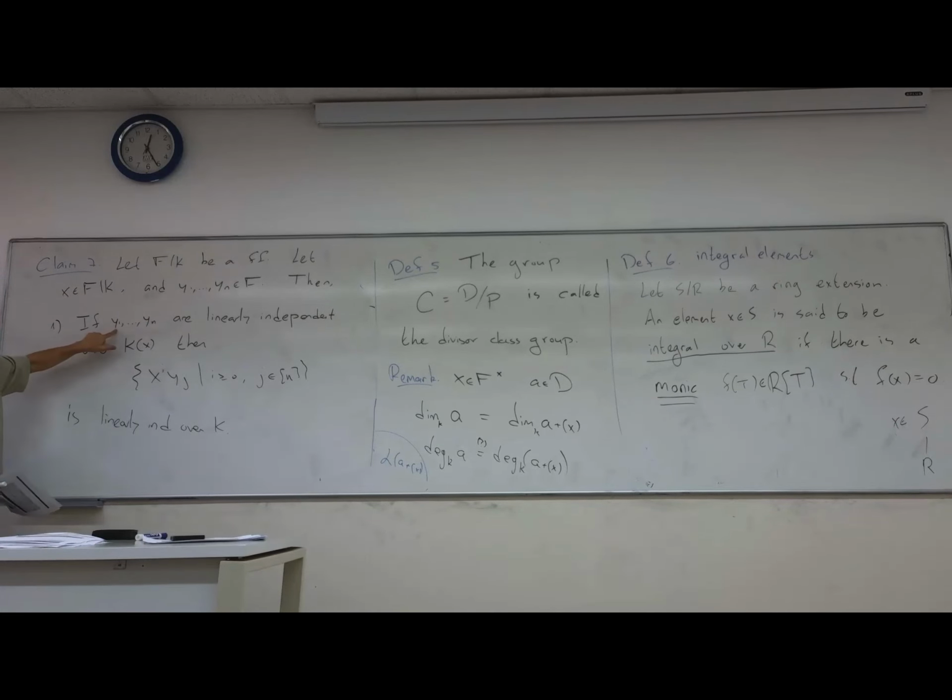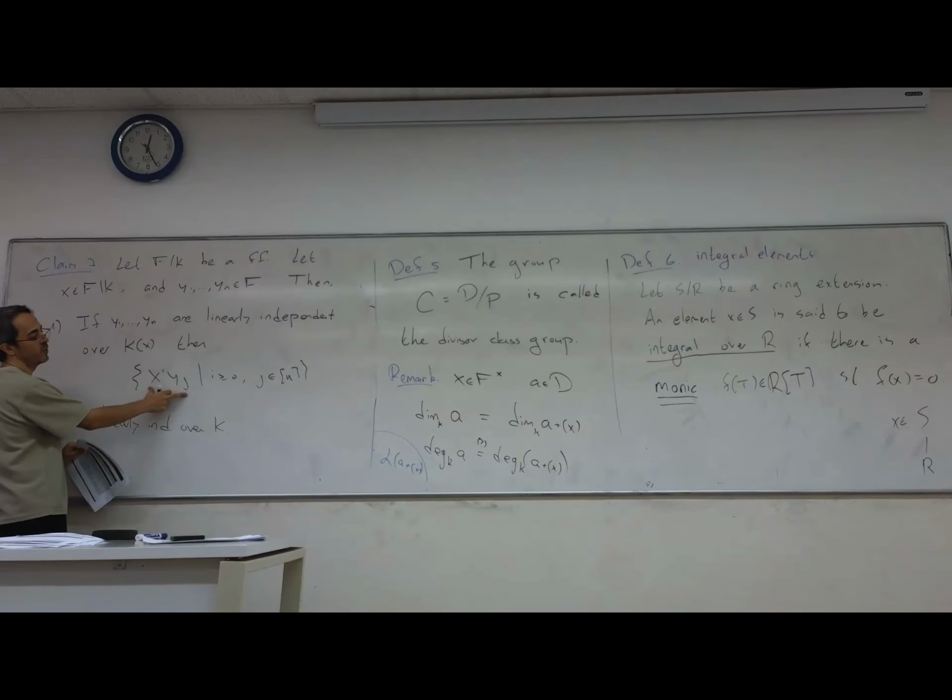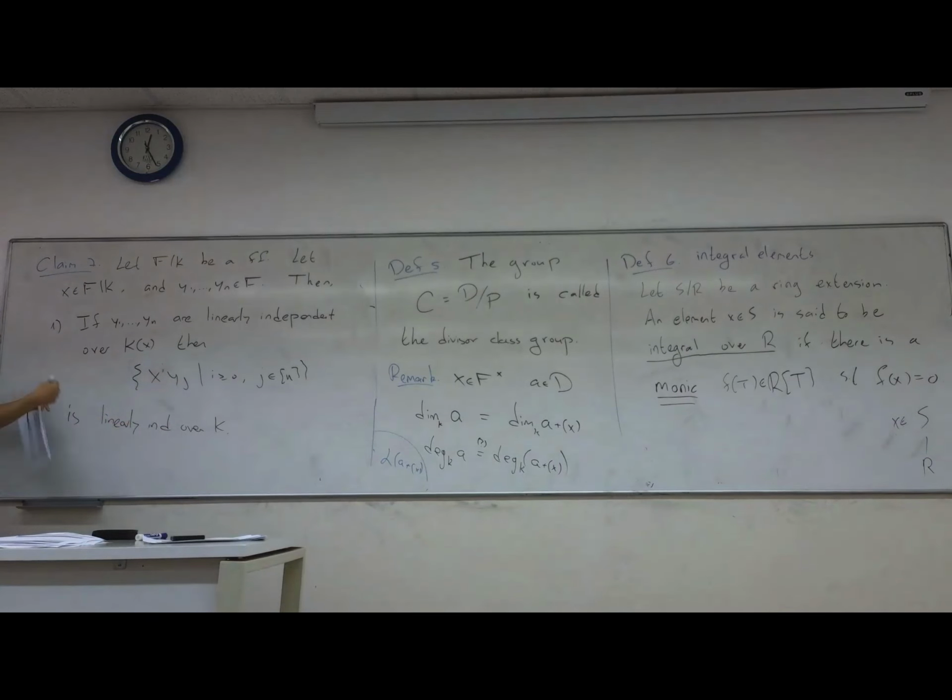And what I'm saying is that if these functions are linearly independent over K(x), not algebraic, just linearly independent over K(x), so you're allowed to use rational functions as coefficients trying to make this vanish, and you can't, then what I'm claiming is that if you take these infinite sets of monomials, like x to the i for any i, times the yj's, they are linearly independent over K. Because if they were linearly dependent over K, you could cook up functions from here, even polynomials, that will make a linear dependence between the yj's. So that's just obvious, but I just want to state it so that we'll see it.